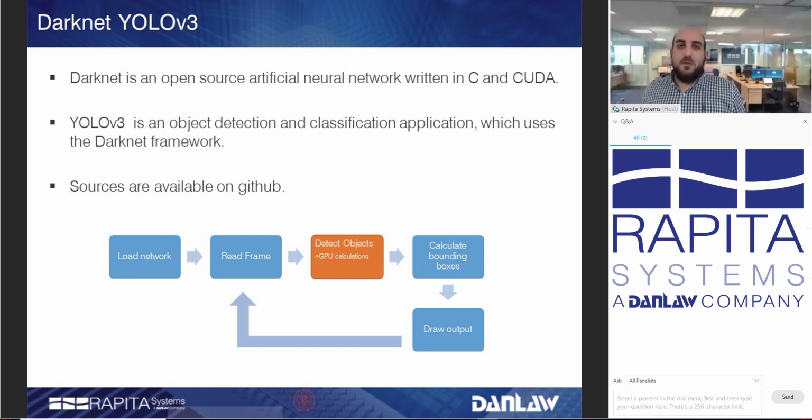And this is the part that we are analyzing as part of this demo. Also, the next step is calculating the bounding boxes around the items that were identified. Then we draw the output on the screen and we read the next frame, and we continue until we don't get any more frames, or there is a specialized exit condition.